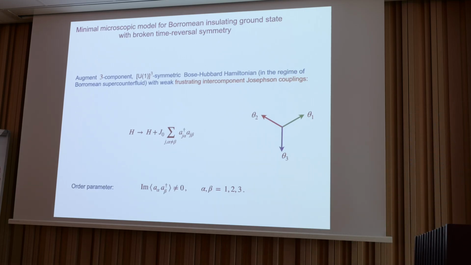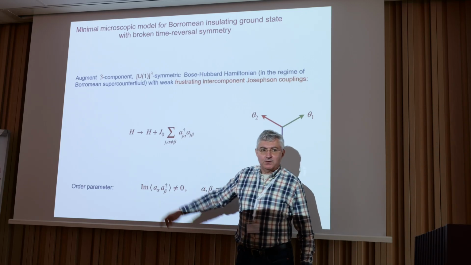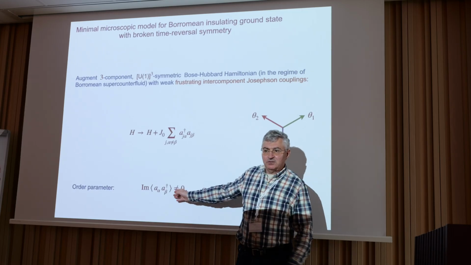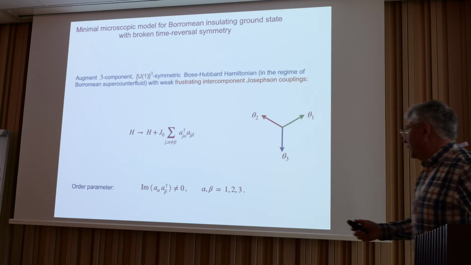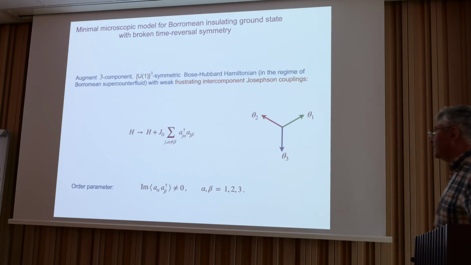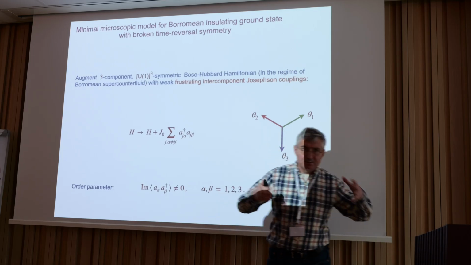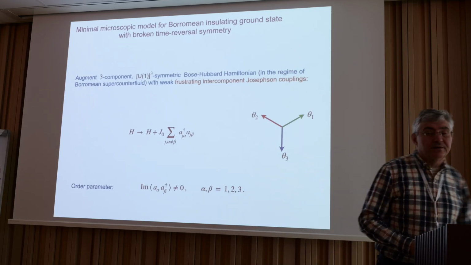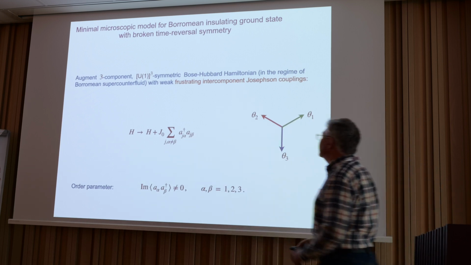This is the ground state which features only this type of order parameter, which would be equivalent to the quartic metal. It has an imaginary part different from 0, because only the imaginary part corresponds to the continuously broken symmetry. The real part is guaranteed by the structure of the Hamiltonian and is not of interest.